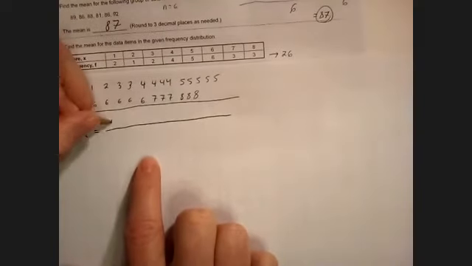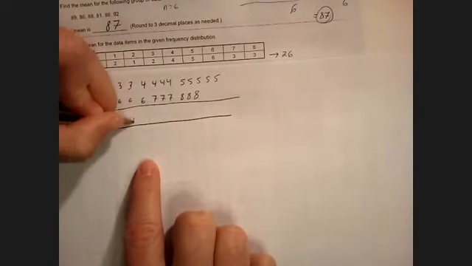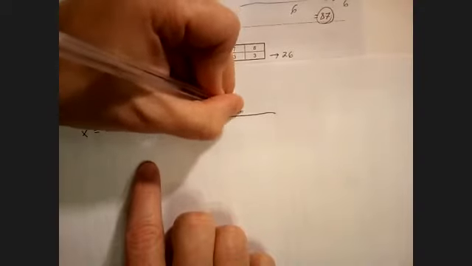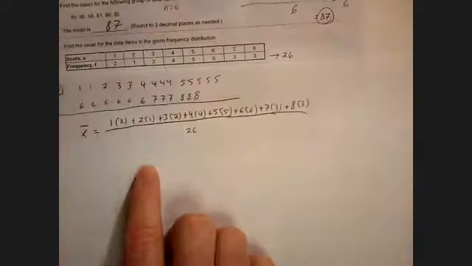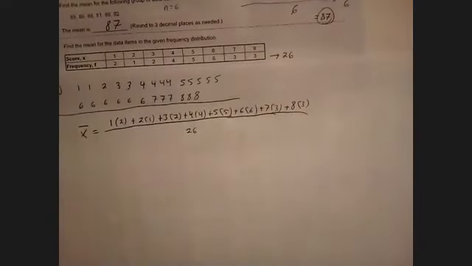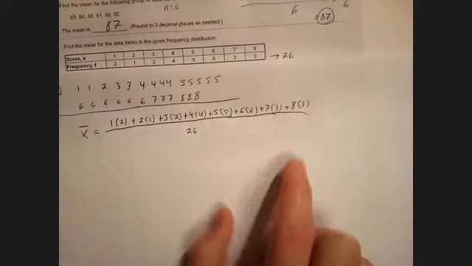So like 1 times 2 plus 2 times 1 plus 3 times 2 plus 4 times 4 plus 5 times 5 plus 6 times 6 plus 7 times 3 plus 8 times 3, all over 26. Now, that's still a lot to type in.